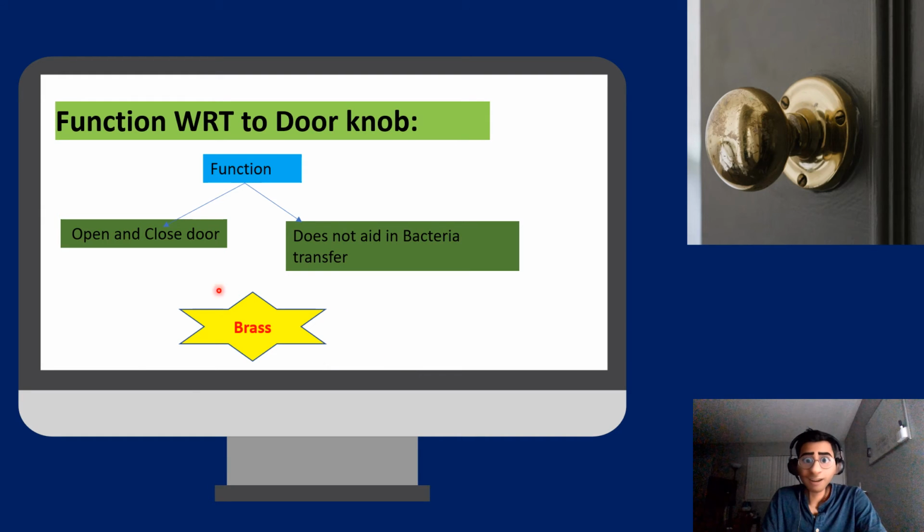In those kinds of scenarios, it's always better to check: are we meeting that functional criteria? Are we coating these doorknobs with something that is very hazardous to our health? So functions are important.